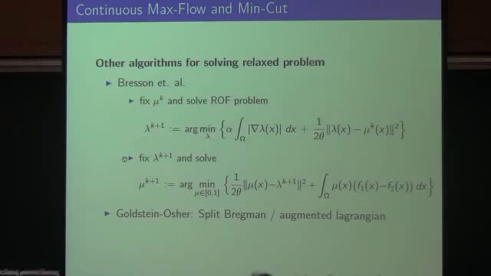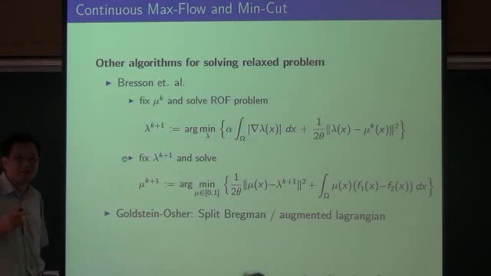Yeah, so I think they use split Bregman to solve two-phase segmentation. Essentially this paper uses split Bregman. But one point I want to say is split Bregman is also a Lagrangian.